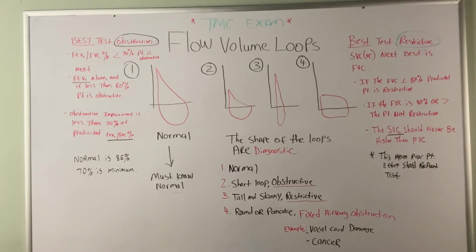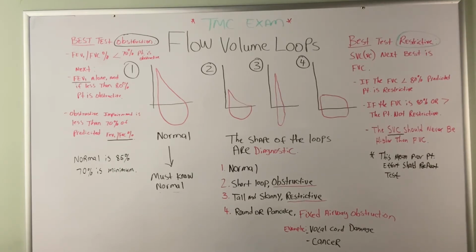On the left side of the board is sort of an interpretation of these loops. So when we come to obstruction or obstructive diseases, your best test is going to be FEV1/FVC percent. If the FEV1/FVC percent is less than 70%, the patient is obstructive.